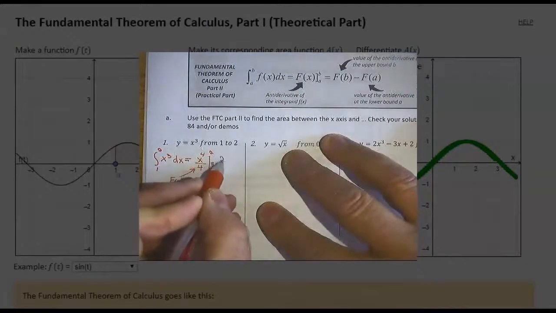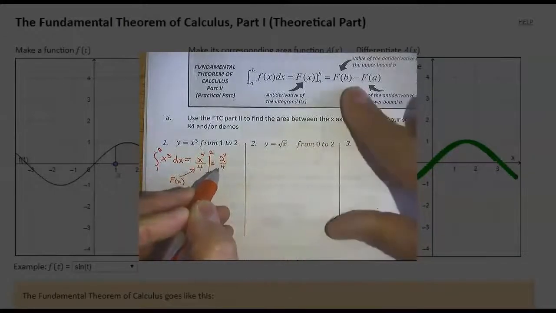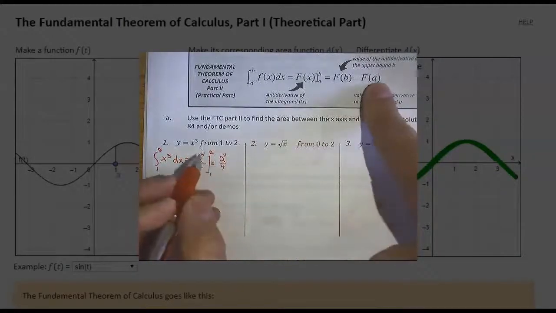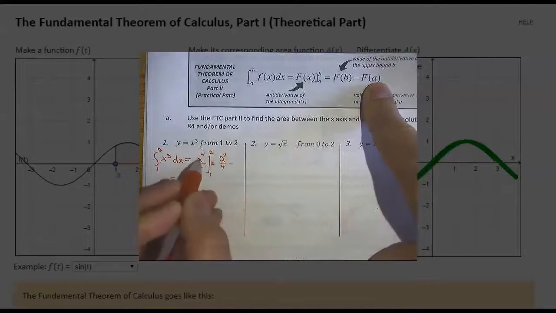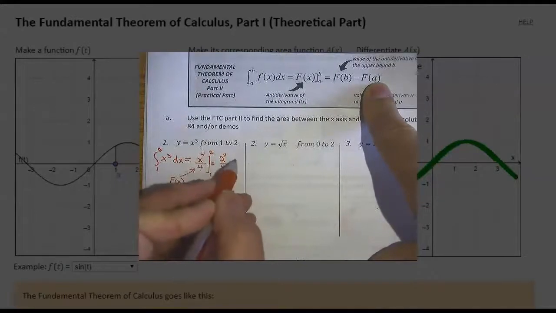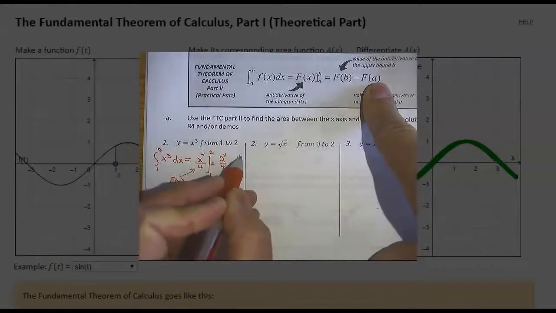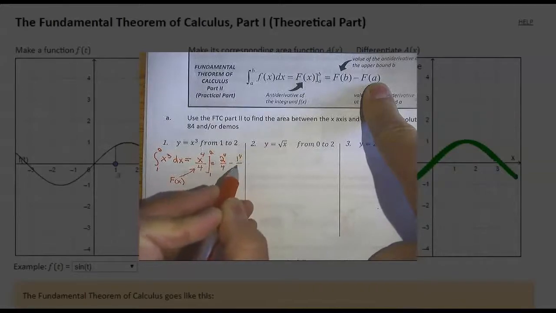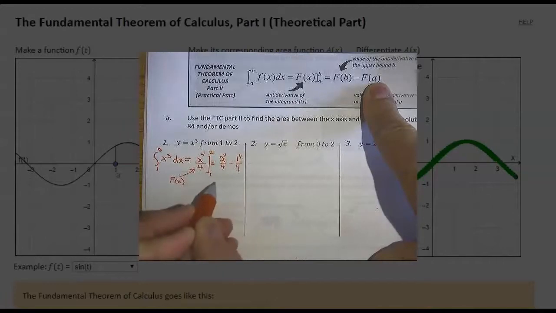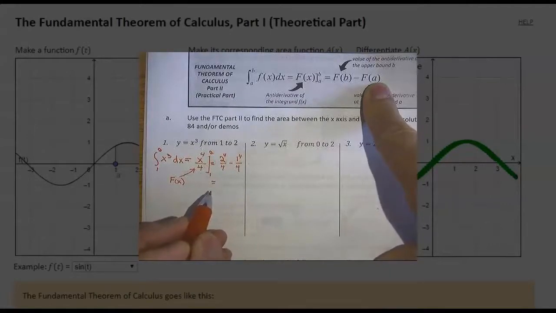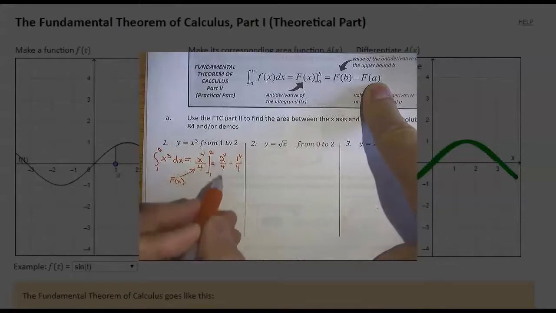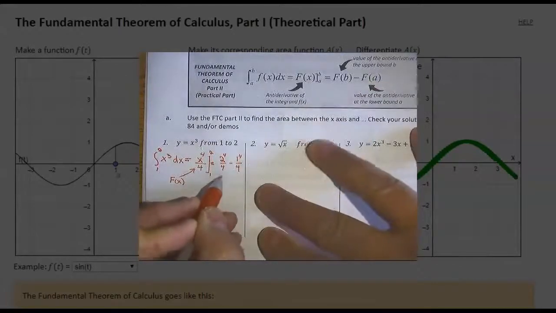So that would be 2 to the fourth divided by 4. Then we take the lower bound and we plug it into our antiderivative. And that would be 1 to the fourth divided by 4. And then you subtract those two. Okay, so 2 to the fourth, that's what, 16?